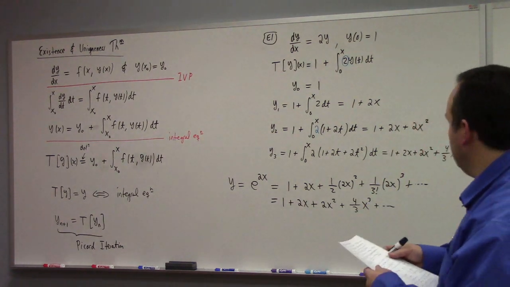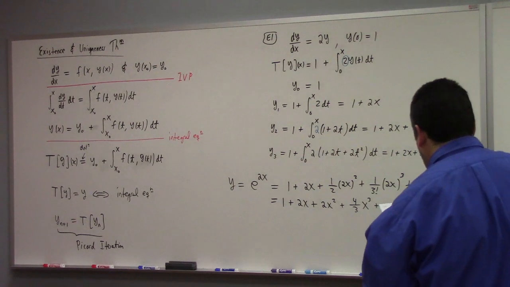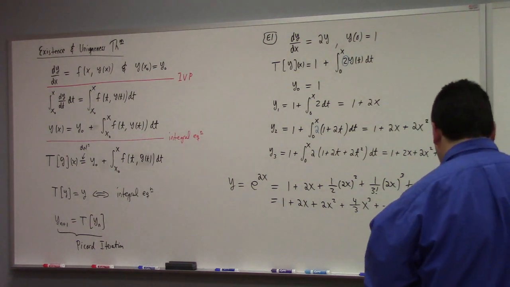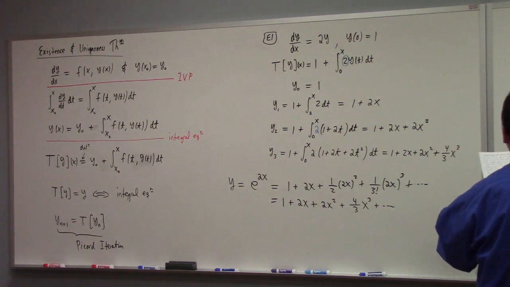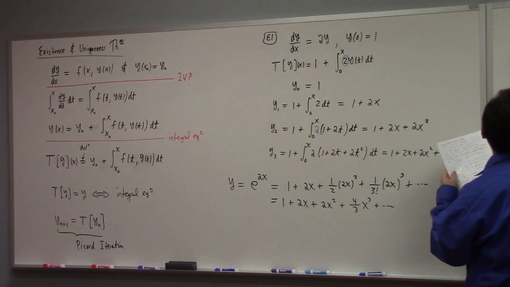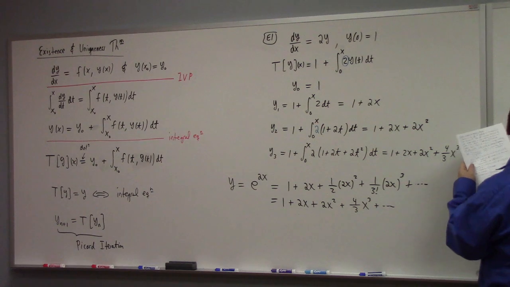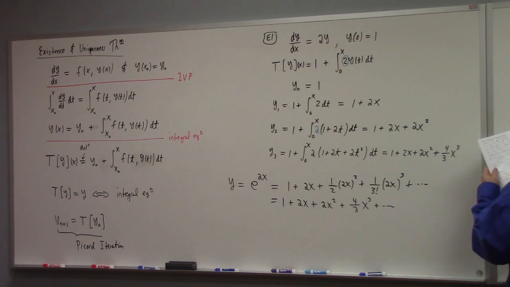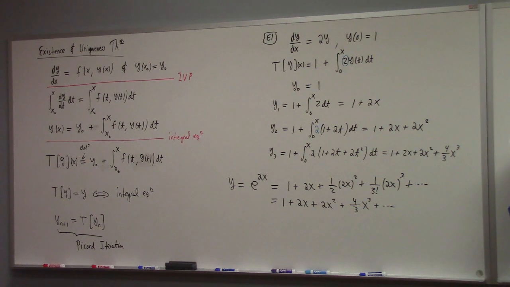Here we go. So here's the uniqueness theorem that I'll try to talk about. Assume f and partial f partial y are continuous on the rectangle (a, b) cross (c, d).